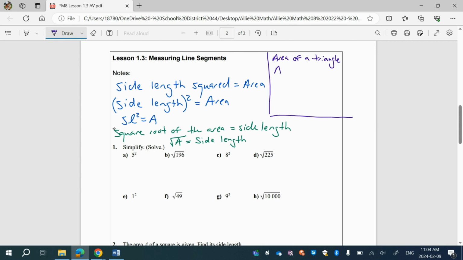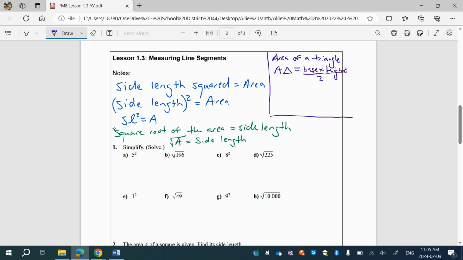So I can sometimes write this as A with a triangle symbol. And that's going to equal base times height divided by 2.